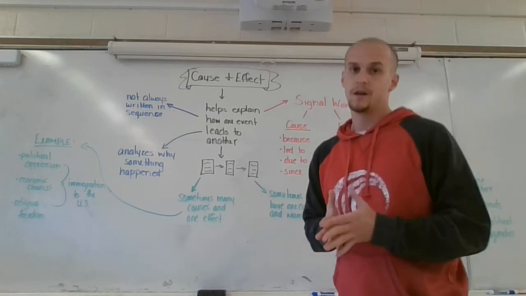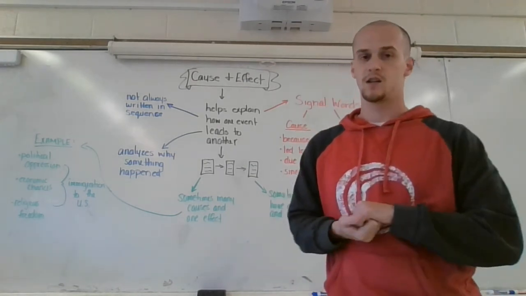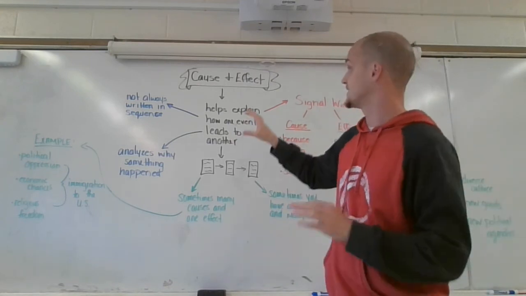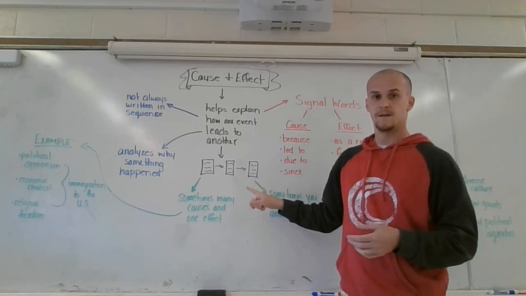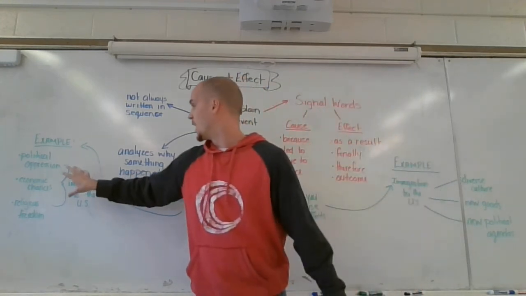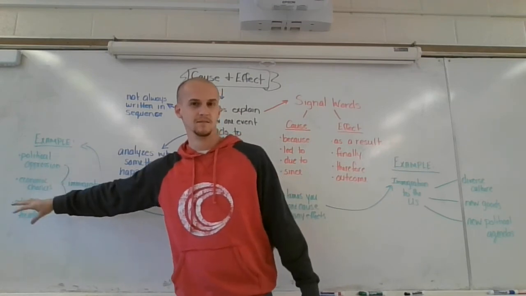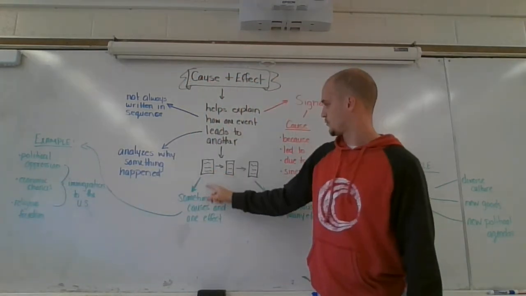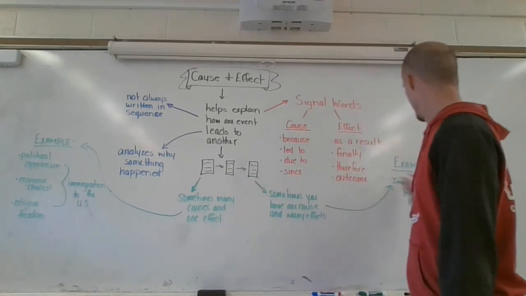Your job now is to be able to identify that the author is using a cause and effect text structure. And if it's not written in sequence, put it in the correct sequence. Or if there's only one effect, well, are there multiple causes listed? Maybe there's not just one box, but there's three boxes that lead to this one. And then that one leads to these three.